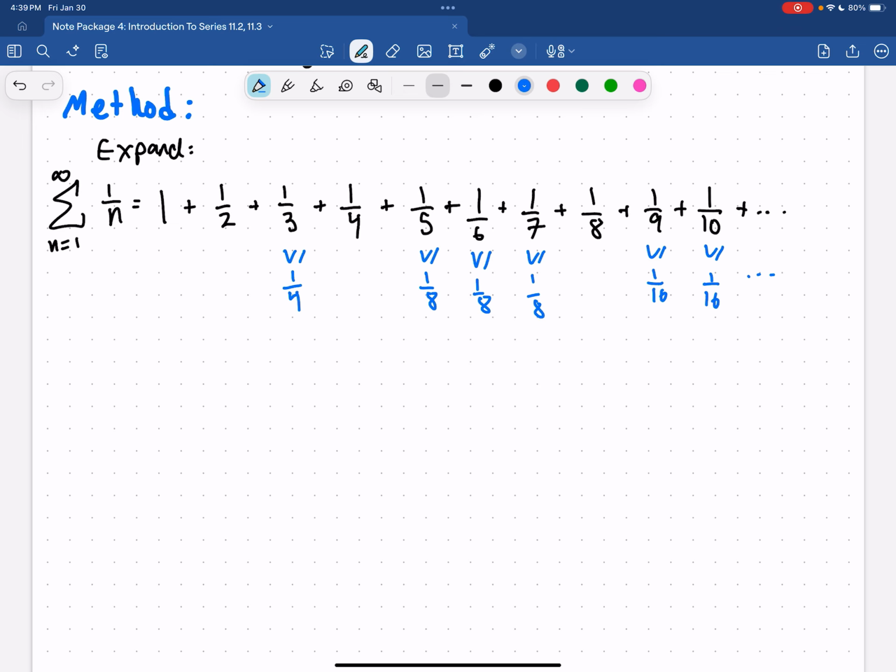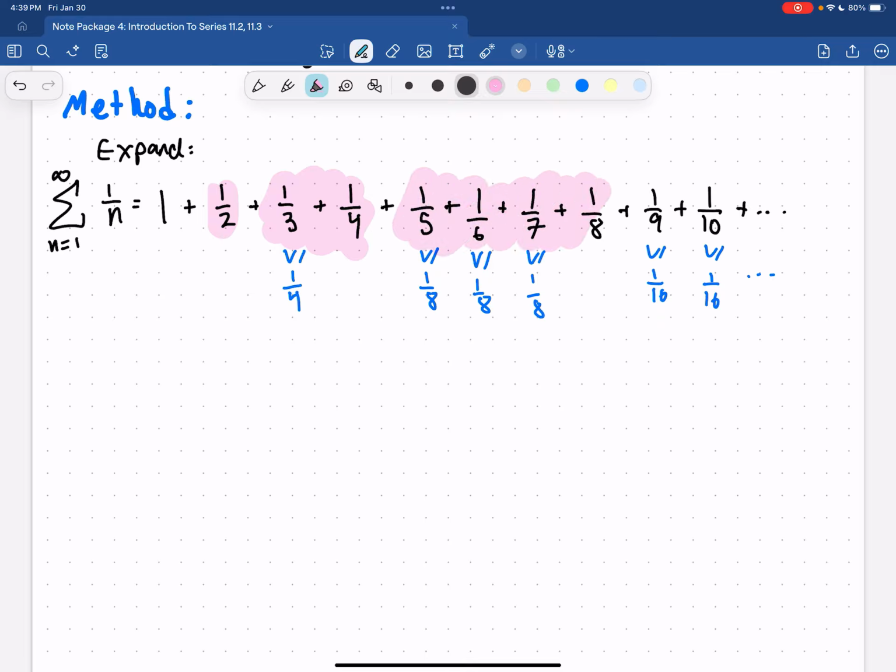So what we can do is think of the fractions in our sum as giving us things that are essentially greater than 1/2. Here we've got 1 plus 1/2. Plus 1/3 plus 1/4, that's greater than 1/2 when we add them together.